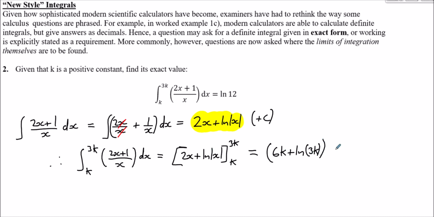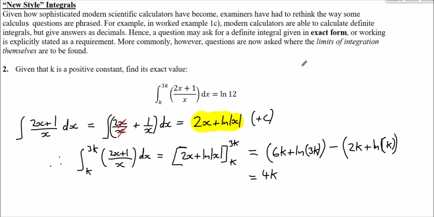I'm going to minus off the lower limit. So when x is k, 2x is of course 2k plus ln mod k. Force of habit, just leave it as ln k. Then if I simplify this down, 6k take away 2k is 4k, and then ln of 3k minus ln k.